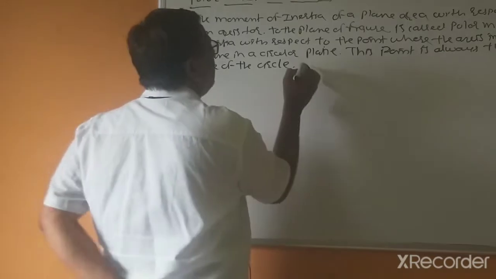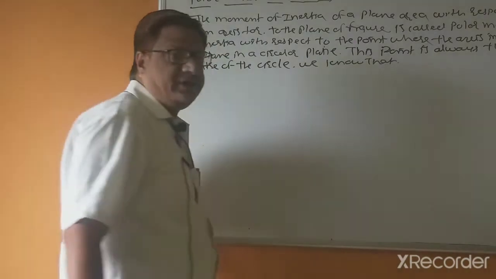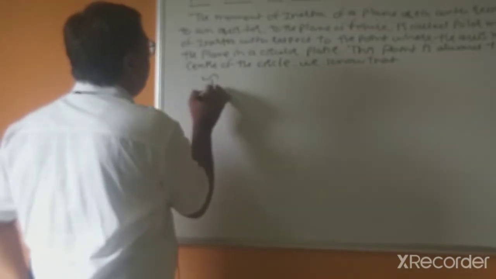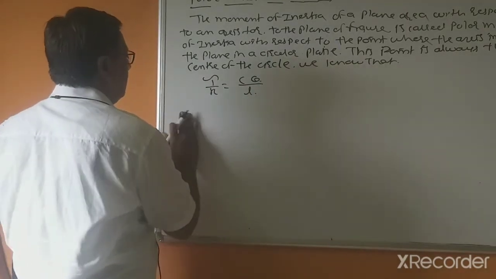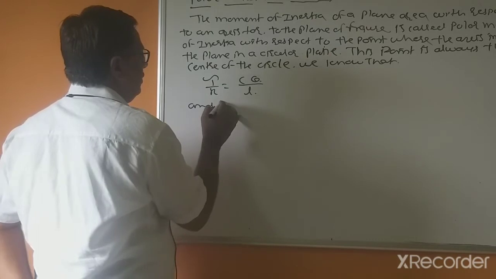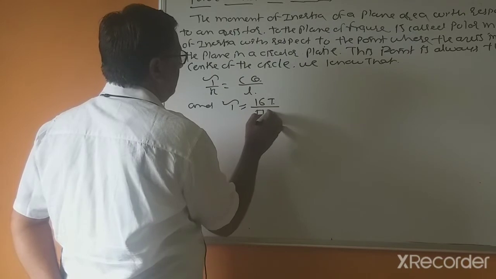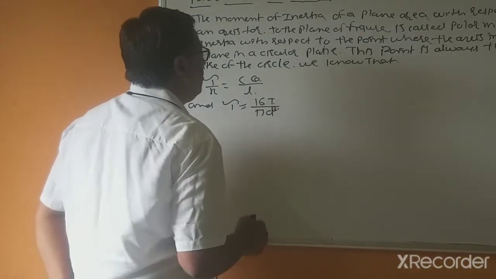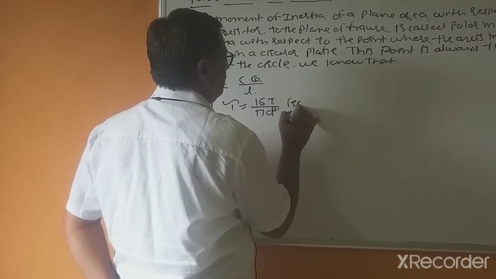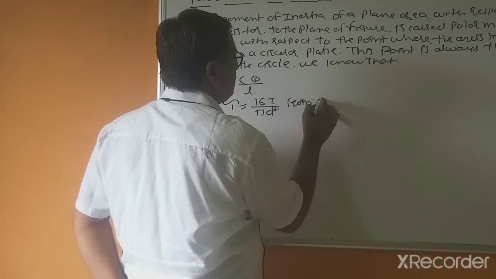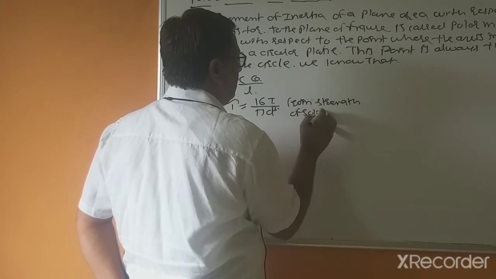We know that tau divided by r equal to c theta divided by L, and tau equal to, we know this is 16t divided by pi d cube from strength of solid shaft equation.